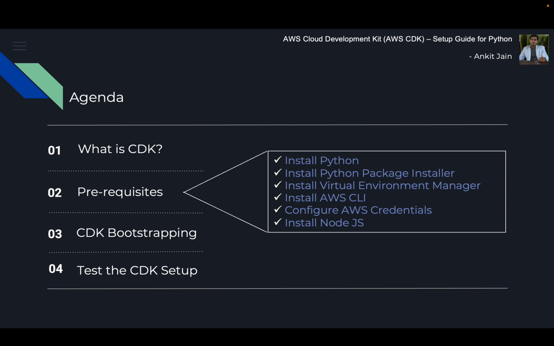See, if you are working on a system directly, that means without virtual environment, whatever you will install, it will directly be installed on your system globally, right? And if you are working on multiple projects where each project needs different version requirements, then it will create a problem for you. That is why it is always recommended that you create a separate environment for your project.